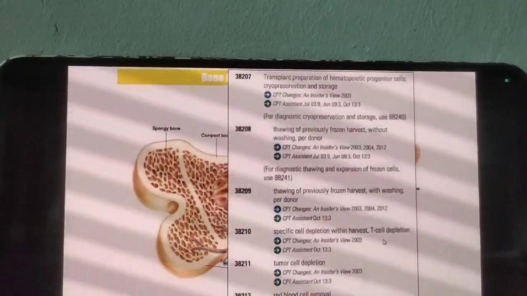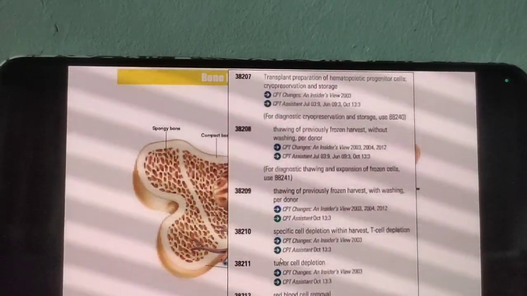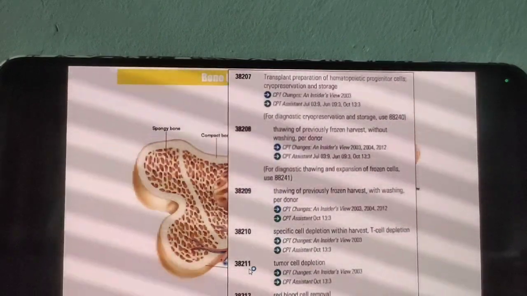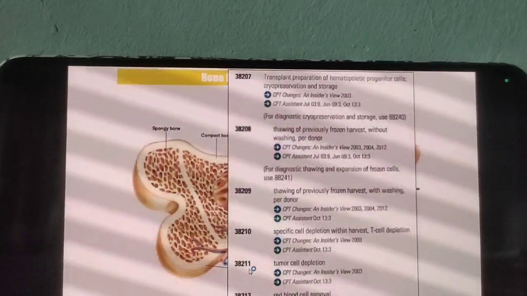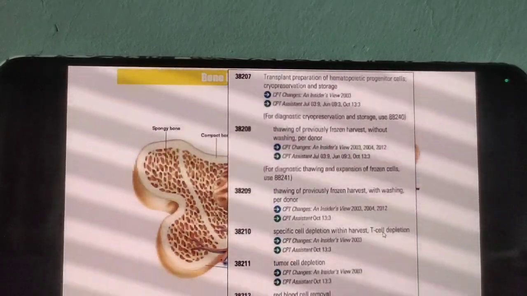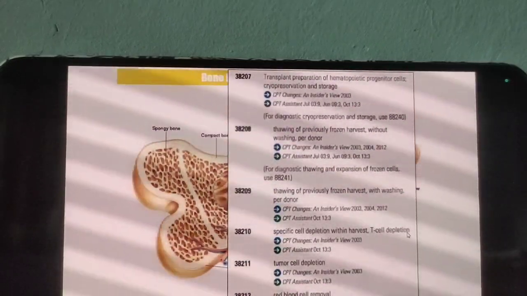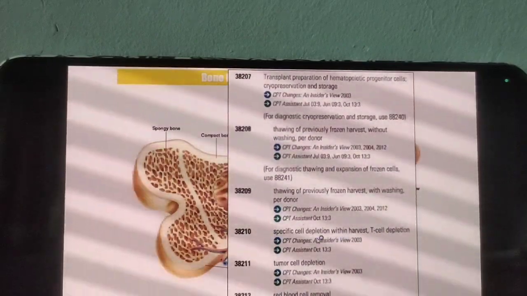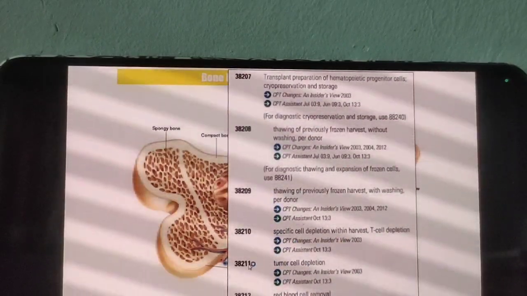And 210 for T cell depletion. Depletion means separation, separate the cell. Tumor cell depletion 211.